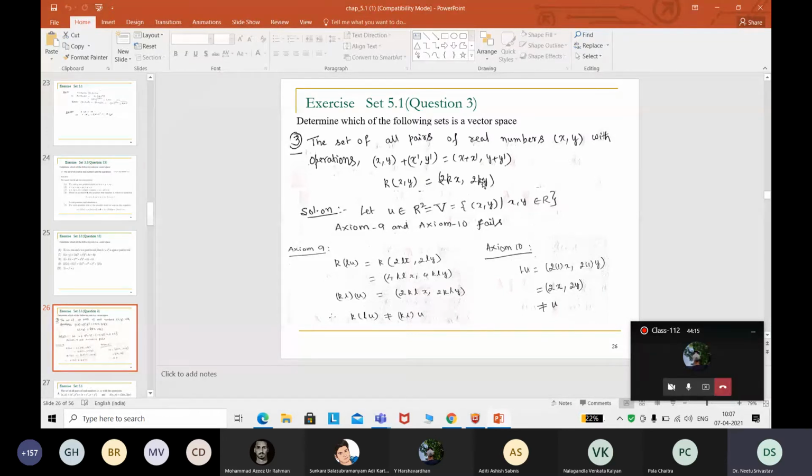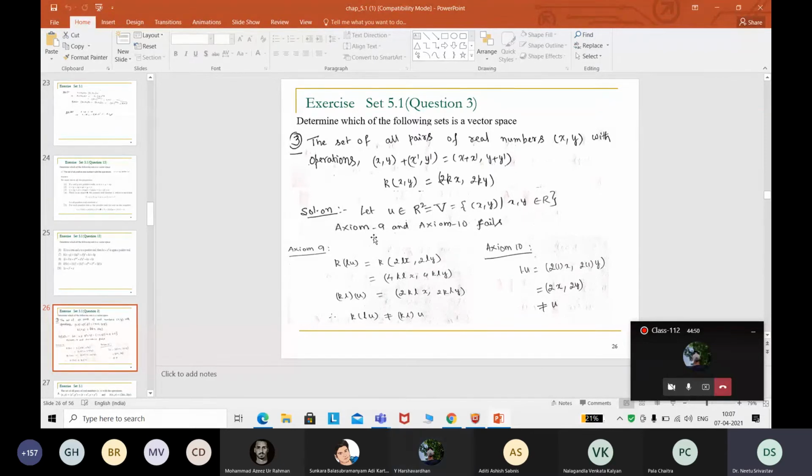Why? Because k into (l into u) is k into, you just take l into u, and you must get kl into u. K into (lu) should be equal to (kl) into u. That is what the ninth axiom says, but you are not getting that. When you are multiplying L first, you will get 2Lx comma 2Ly.